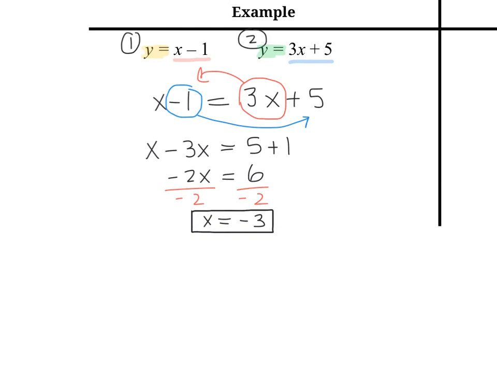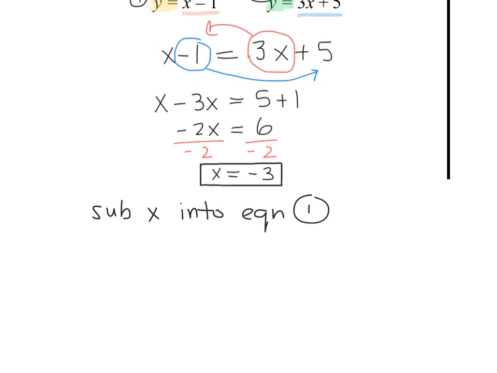So I'm going to make a note of that here. I'm going to substitute x into equation number 1. So equation number 1, I'm going to recopy it. It is y equals x minus 1. But I know what my x value is. We calculated it to be negative 3.